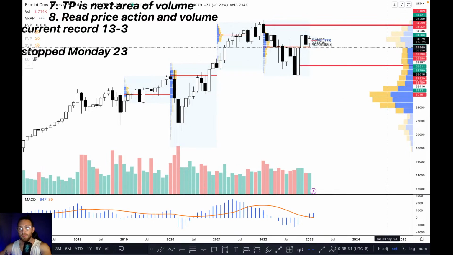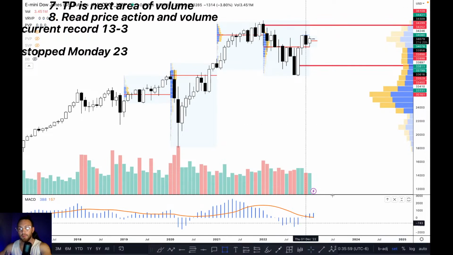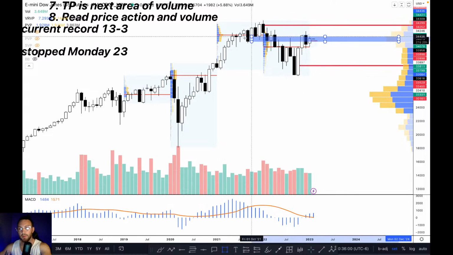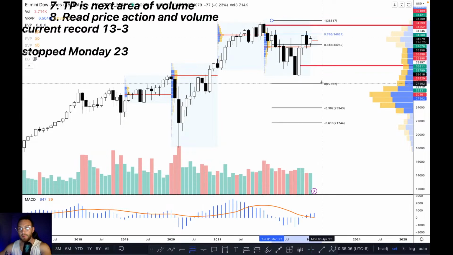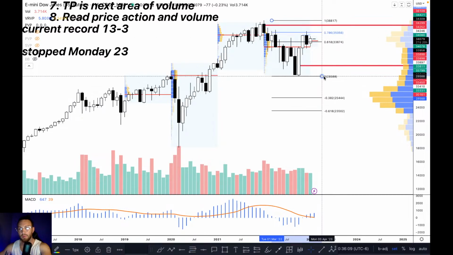And really, the Dow is the one that is the strongest out of all three. And it is actually in an area of volume as well, like the other ones, but it is way, way, way higher. In fact, it's in the macro fib level, and it's hit the 78.6.